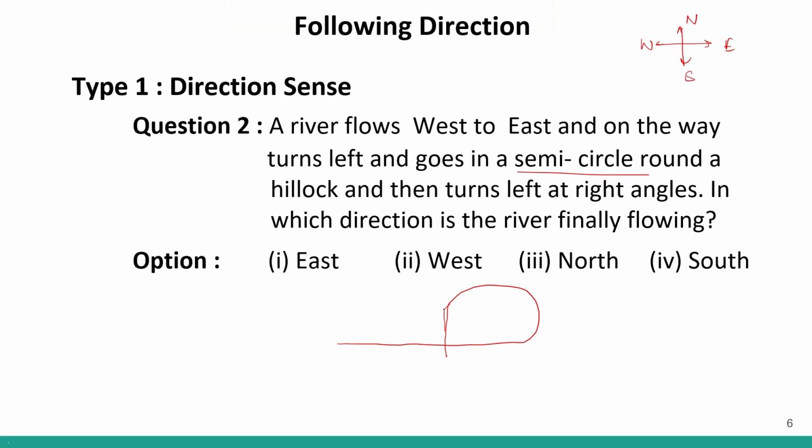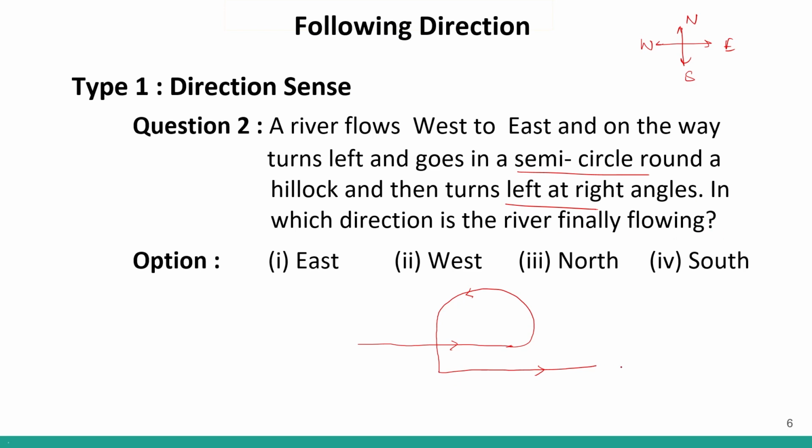From here it was flowing west to east. Then it turned left and made a semicircle like this, right? Then it took a left turn. So left will be on this side, right? In which direction is the river finally flowing?